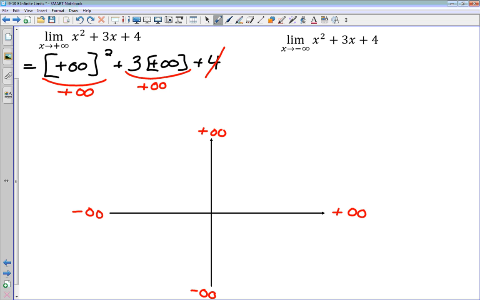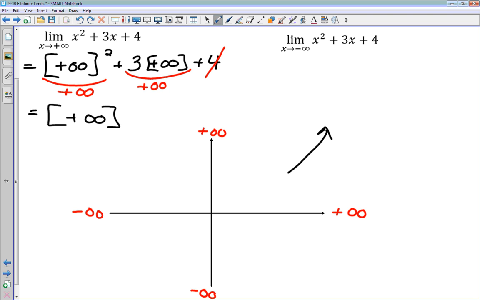So all in all, this limit is going to tend off to positive infinity. So as x goes to positive infinity, our y value is going to go up to positive infinity like that. So our function is going to head off up to the upper right quadrant there.